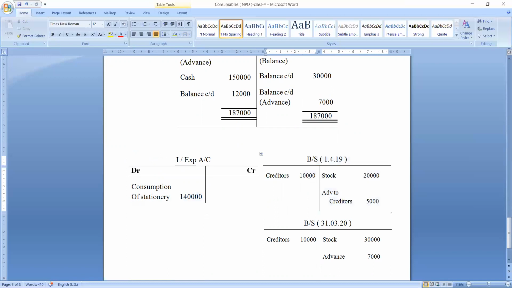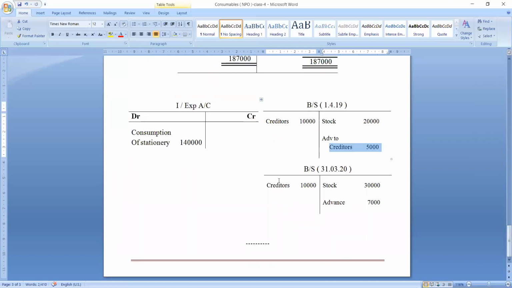In your balance sheet, you write creditors opening balance. In your opening balance sheet, you write stock and advance to creditors, because these two items are part of assets. Next, the balance sheet: creditors 10,000, stock 30,000, advance 7,000, because this is your asset.